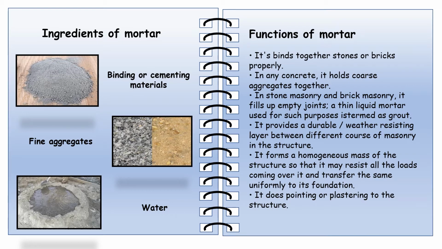Function of mortar: it binds together stone or bricks properly. In a concrete, it holds coarse aggregate together. In stone masonry and brick masonry, it fills up empty joints. A thin liquid mortar used for such purposes is termed as grout.